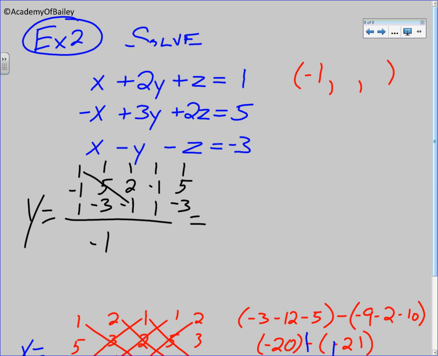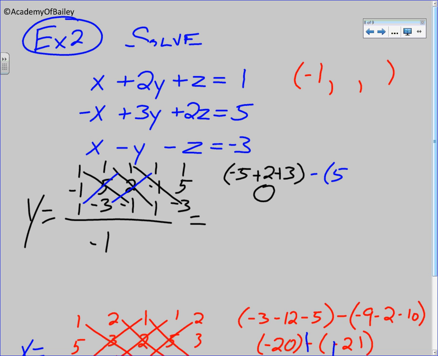Downs give us negative 5, 2, and should be positive 3. Add those up, I think we get something like a big 0. All right, ups. Oh, 5.